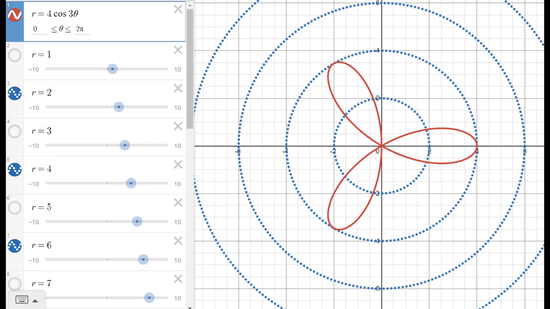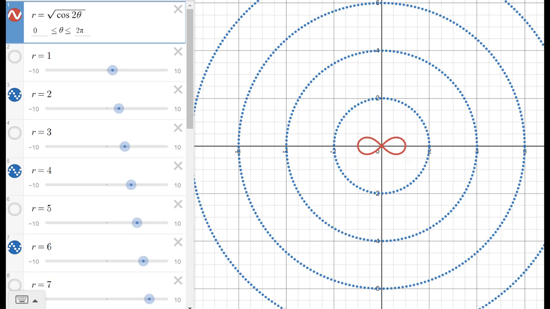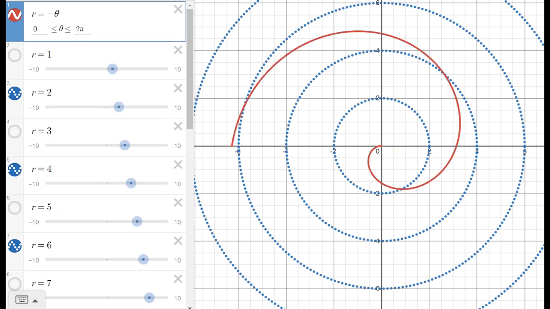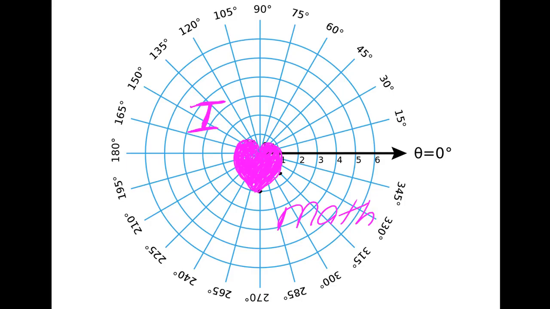Let me show you a couple more. Here I've plugged in r equals cosine of 2 theta, which makes a cool infinity symbol. And then finally I plugged in r equals negative theta, and this makes a cool looking spiral. This is a thing with polar coordinates.